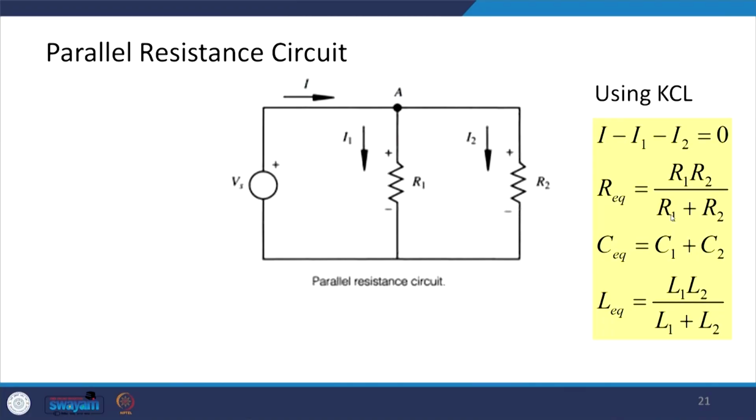Similarly, we can find out the equivalent for the parallel resistance circuit. Here you are shown a parallel resistor circuit consisting of the two resistances R1 and R2.